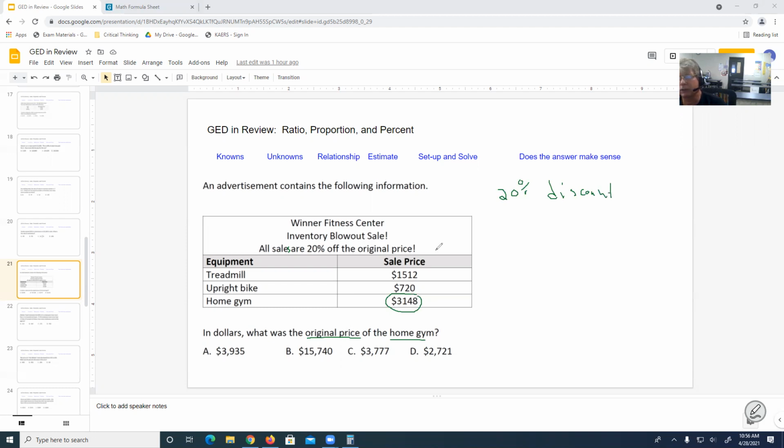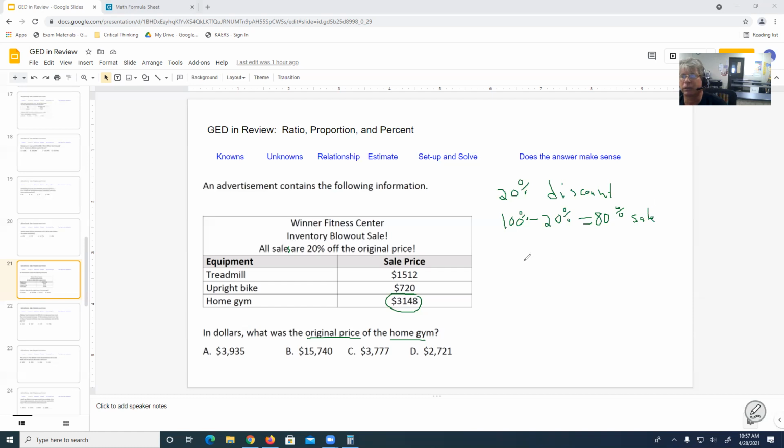The sale price is actually the other side of that. If you take 20% off, 100% would be the whole price. If I subtract 20% from that, if I subtract my discount from that, what that's going to give me is then this 80%. 80% is going to represent what I actually have to pay. Well, in other words, that's the sale price.